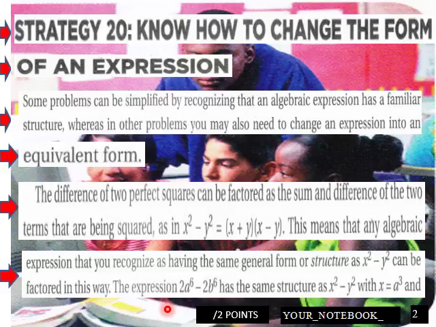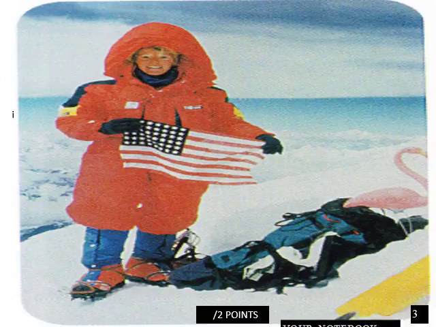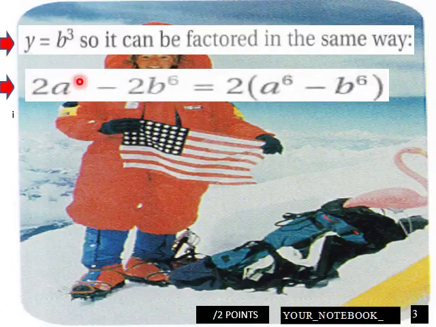This means that any algebraic expression that you recognize as having the same general form or structure can be factored in this way. This has the same structure as x squared minus y squared with x equals a cubed and y equals b cubed, so it's like a difference of squares, and it can be factored in the same way.